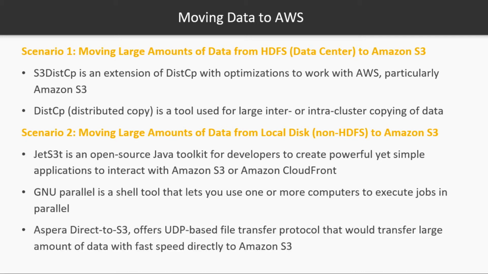Aspera has developed a proprietary file transfer protocol based on UDP, which provides a high-speed file transfer experience over the internet. One of the products offered by Aspera, called Direct to S3, offers a UDP-based file transfer protocol that would transfer large amounts of data with fast speed delivery to Amazon S3.